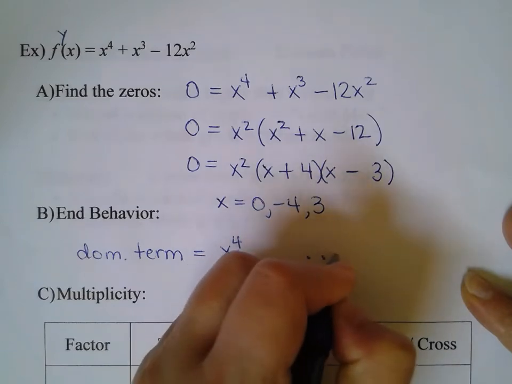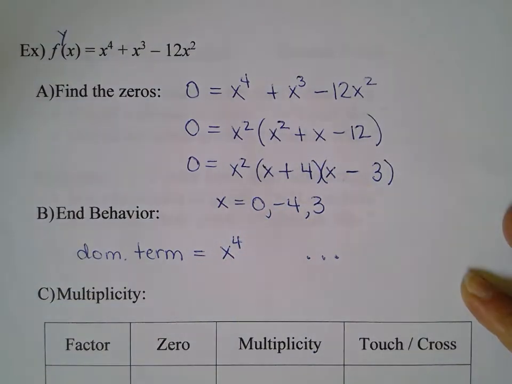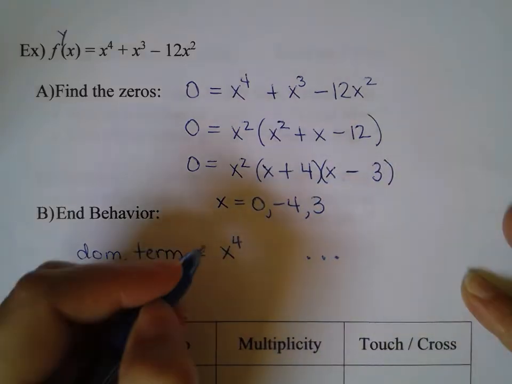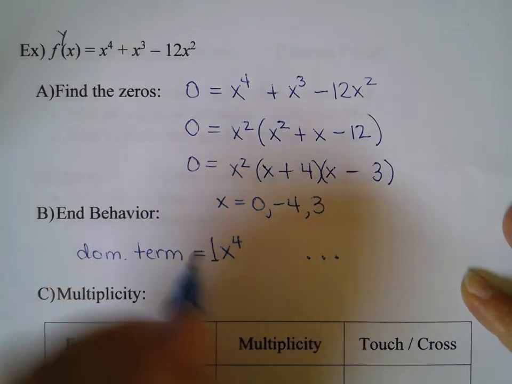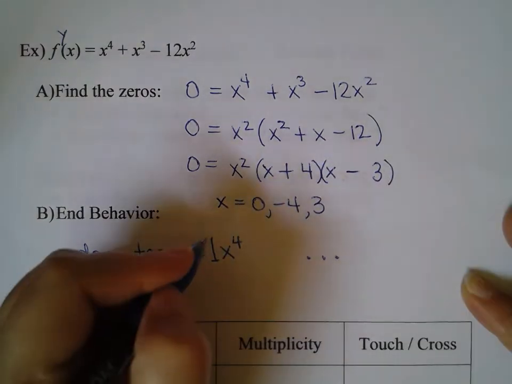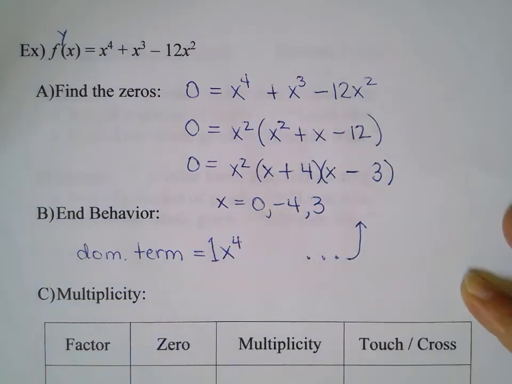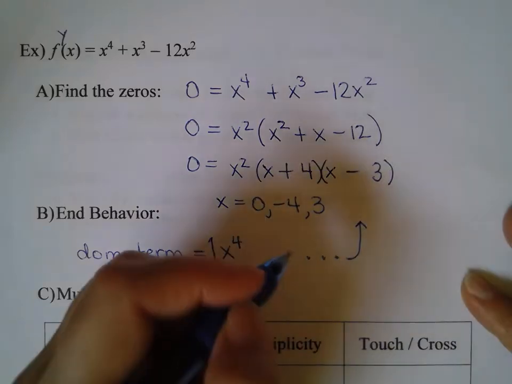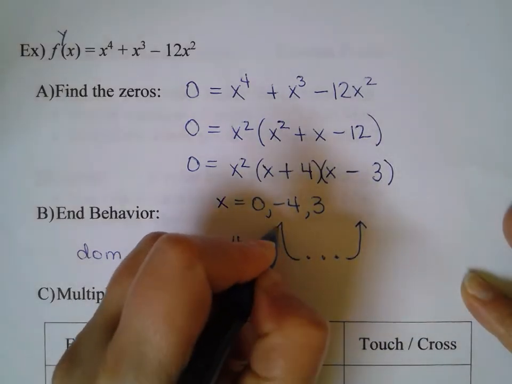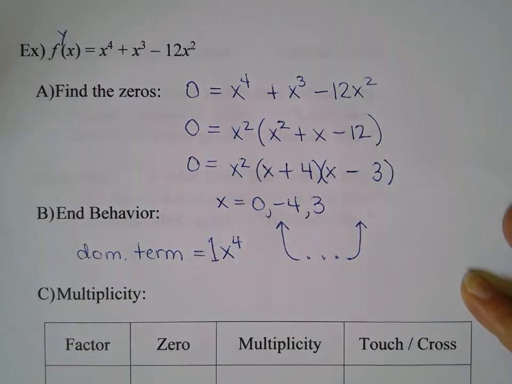Okay, so because the exponent is even, that means that the ends of the graph are going to travel together like a parabola. This one has an implied positive 1 out front. So I can use that to help me decide the right-hand side is going to go in the positive direction, to positive infinity. And they're going to travel together. So both ends for this one should be going up.